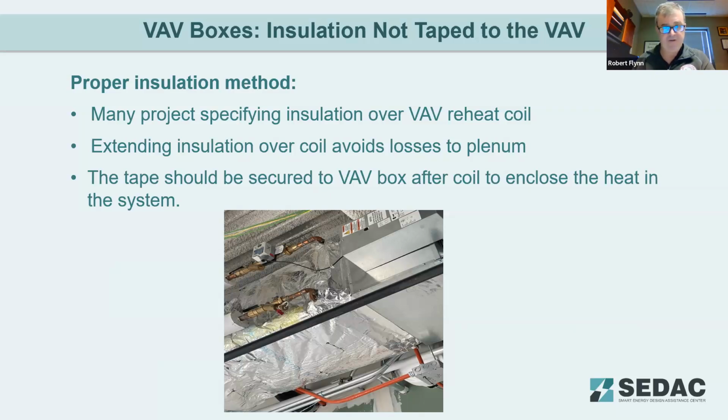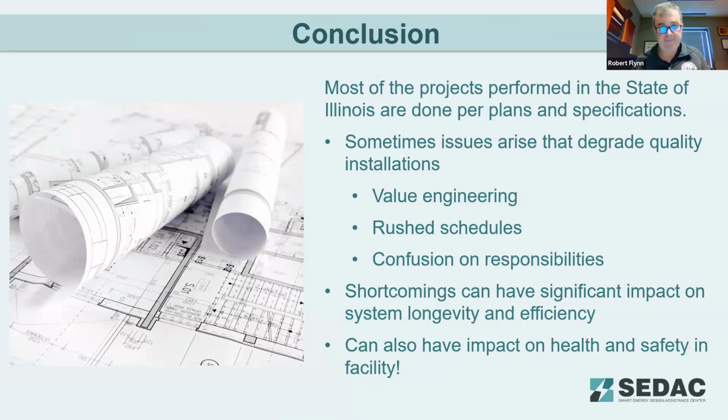Extending insulation over the coil avoids losses to the plenum. The tape should be secured to the VAV box after the coil is enclosed, to enclose the heat to the system. So this is the proper way that insulation to a VAV box should be done.